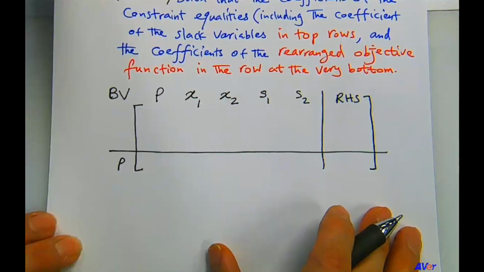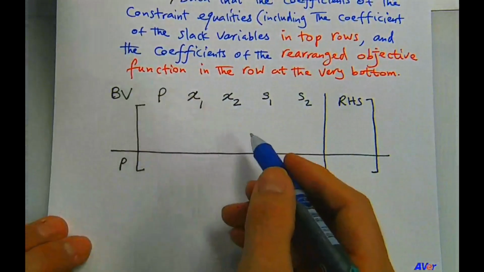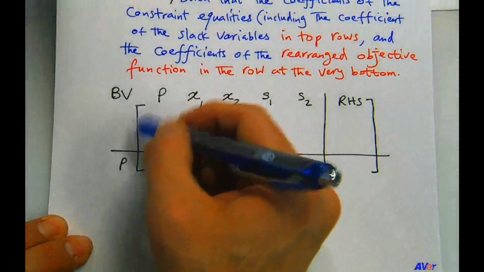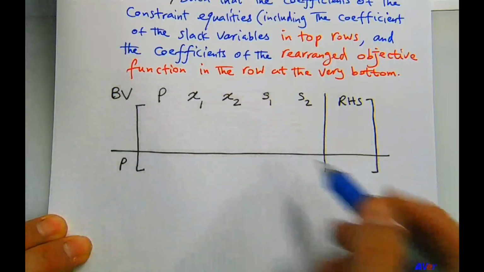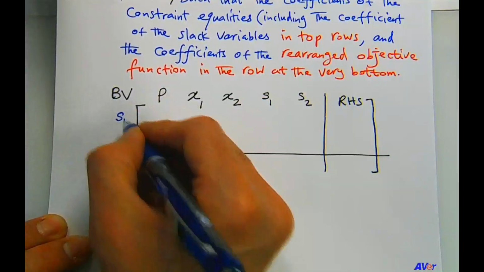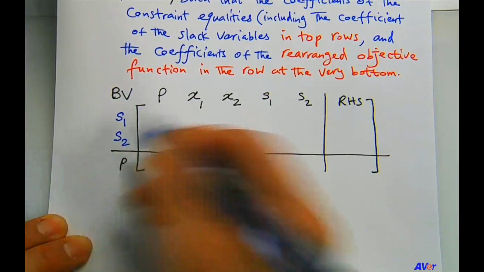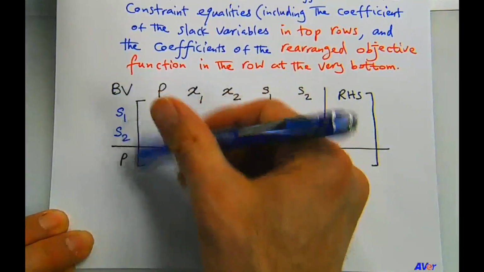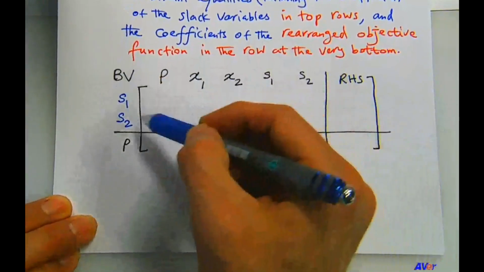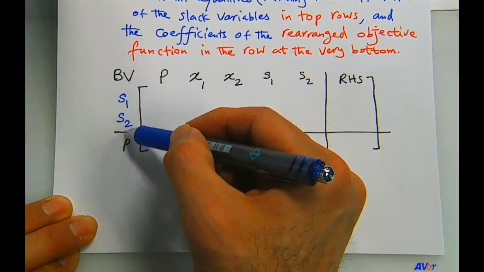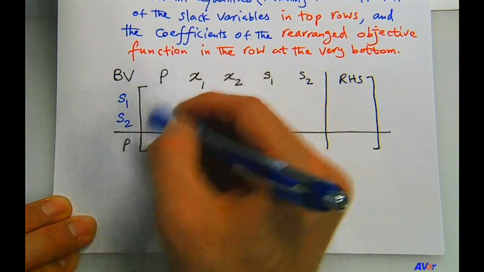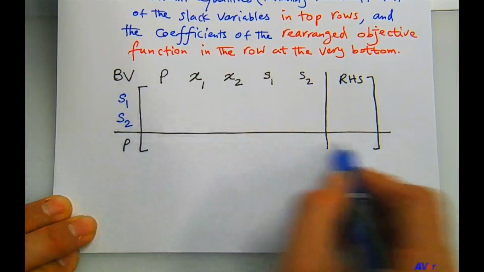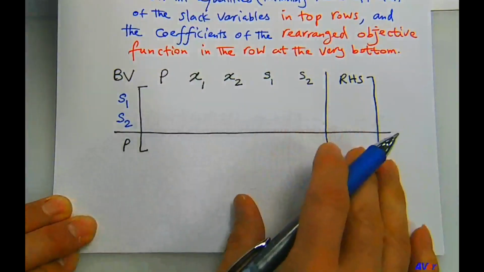Okay, so what are the basic variables? The basic variables are dynamic. They change throughout this procedure, but the initial ones are the slack variables. So if we had 3 slack variables, S3 would also be listed right underneath S2. And then, of course, P, this is the bottom row, the objective row.